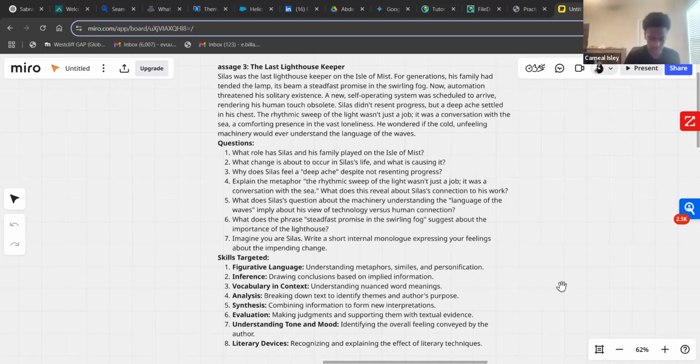Yeah, I am. So I said the metaphor reveals that the light that shines while he does his job isn't just a job. It shows a calming view of the ocean that he formed a deep connection with. Good, very good. Arav, since you do really well, do you want to give me your idea about question number 7?